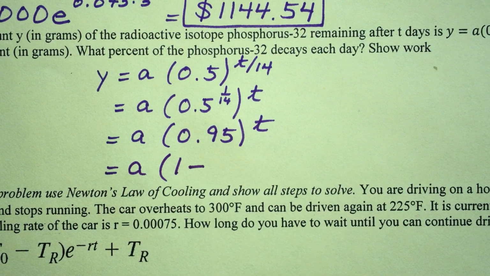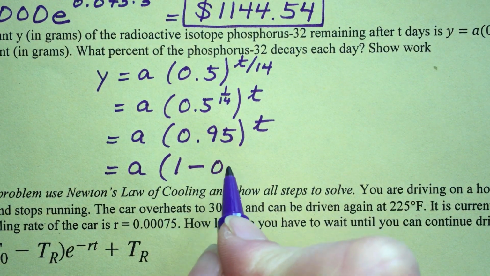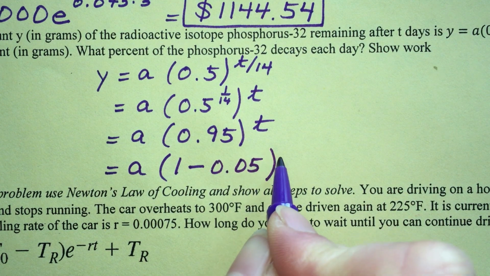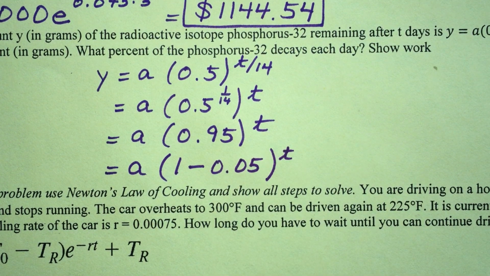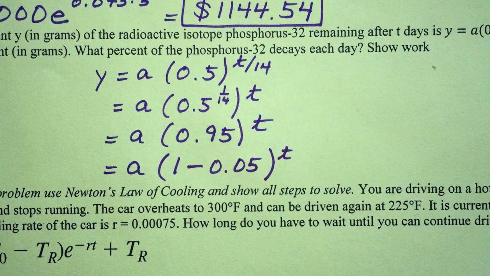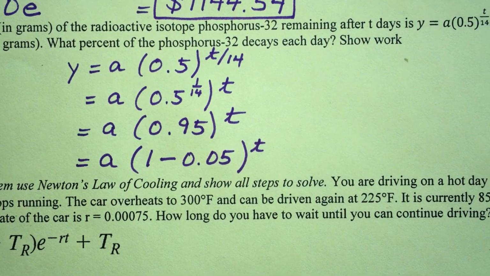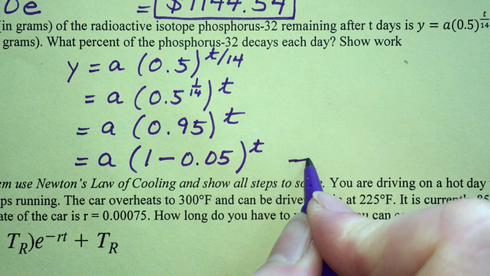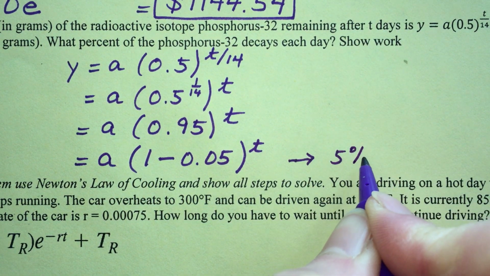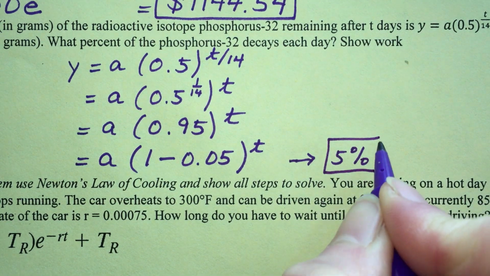What is 0.95? Well, it's really 1 minus 0.05. Now we know our rate is 0.05, or about 5%, because the question asks what percent decays each day. So 5% decays each day.